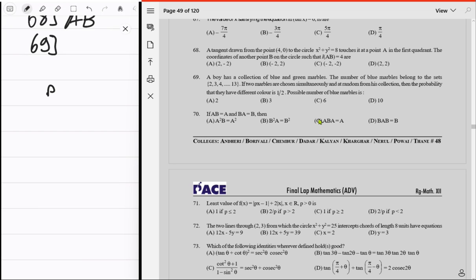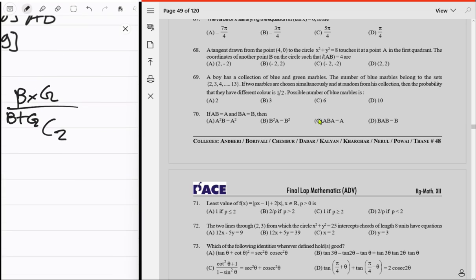For different colors, the number of ways is B times G, upon the total ways of choosing 2 marbles, which is B plus G choose 2. Order doesn't matter.